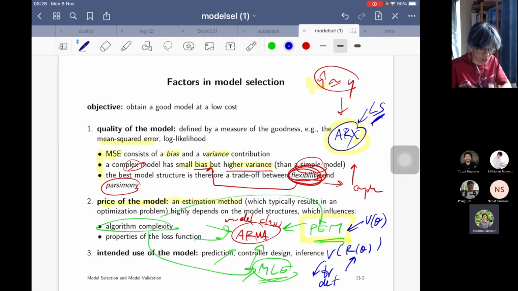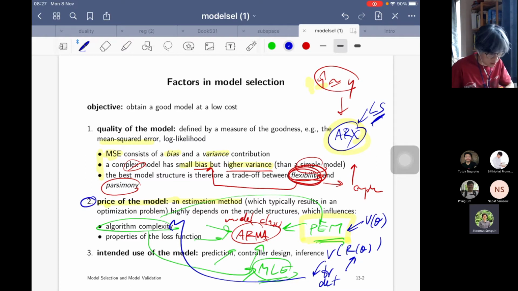All these loss functions have different properties, and also result in different computational complexities. So that's why this second consideration should be kept in mind as well when you choose model candidates.